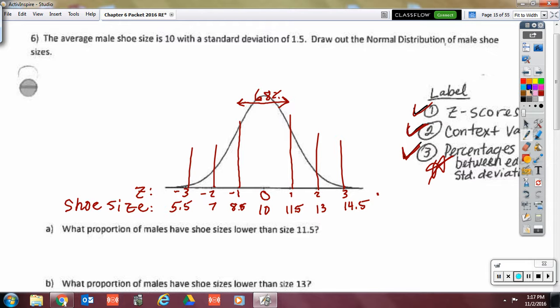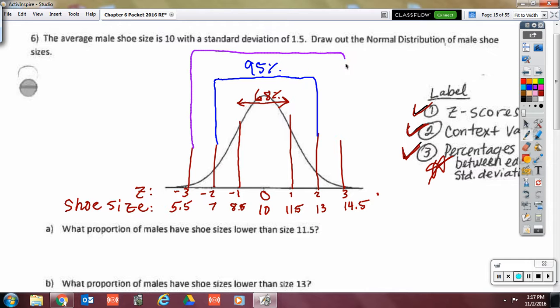Within 2 standard deviations is the 95% of the data. So 95% of all the data should be within 2 standard deviations of the mean. And do you remember what the last number was? Good, 99.7. So within 3 standard deviations is 99.7% of the data.